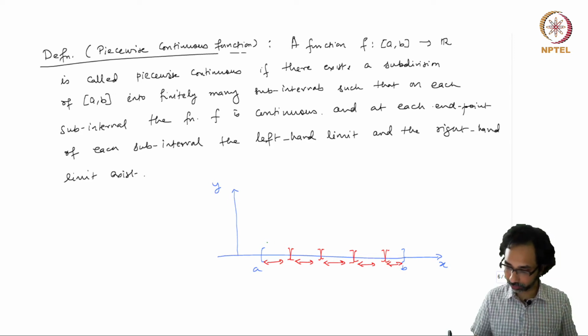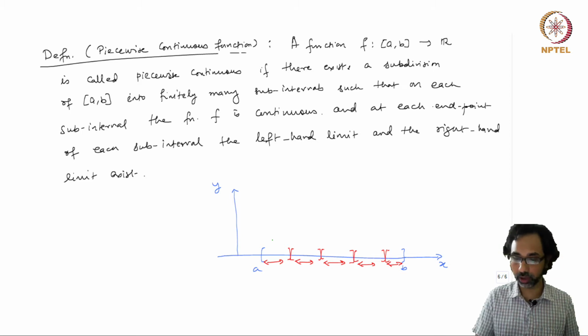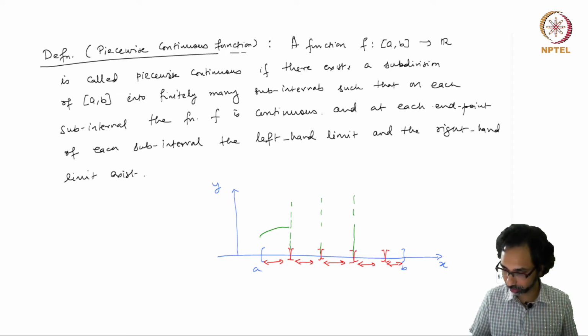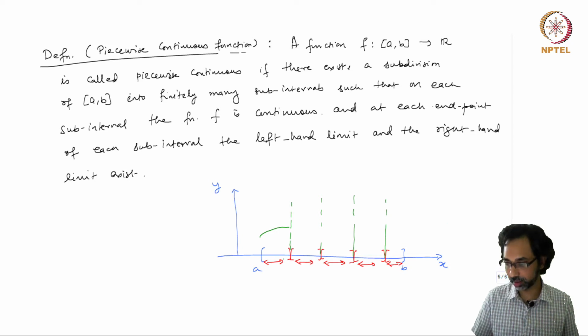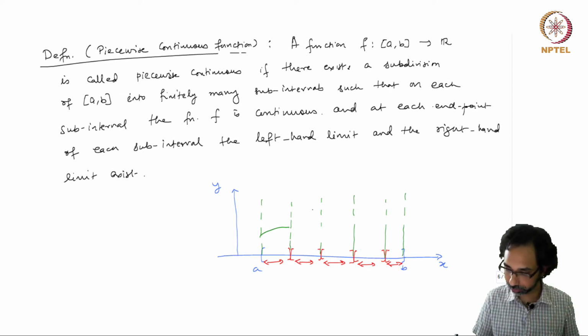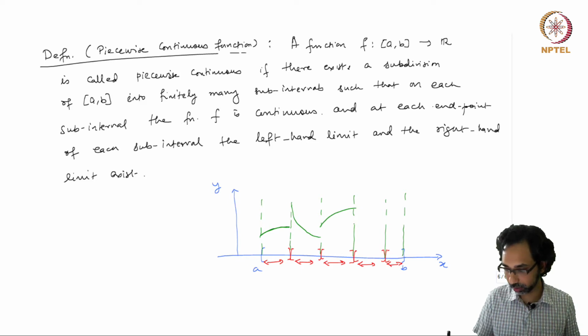Now our graph of this function f, which is now a piecewise continuous function, will look something like this. So on each piece it is a continuous function and the left hand side and the right hand side limit exist, which means that they are finite limits. So here the first chunk looks like this, but the second chunk may look like this, the third chunk may look like this, the fourth chunk may look like this, and so on.